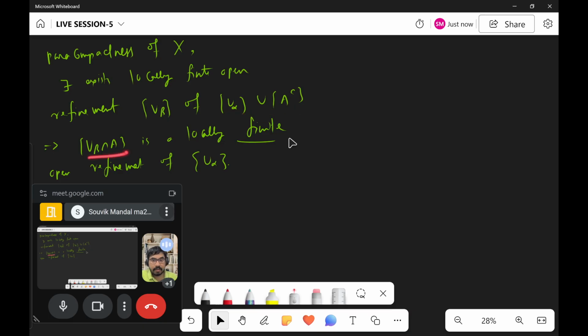So V beta intersection A is a locally finite open refinement of U alpha. So that is the thing.